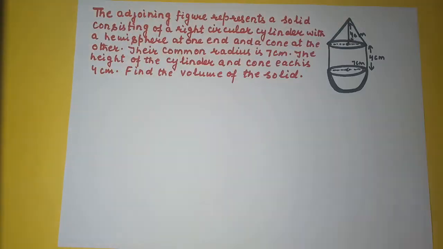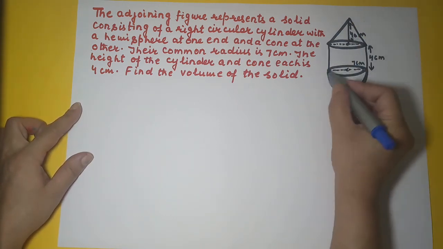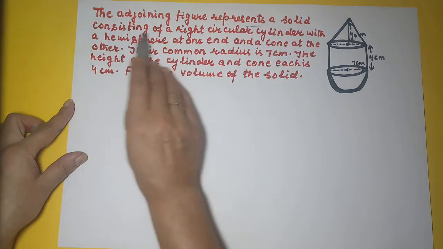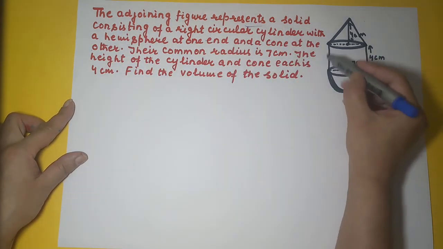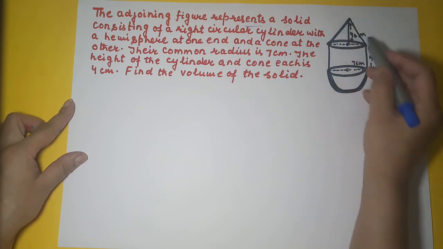All right. Now the next one is the figure in which we have a cylinder, a cone and a hemisphere, right? The adjoining figure represents a solid consisting of right circular cylinder with a hemisphere at one end and a cone at the other end.